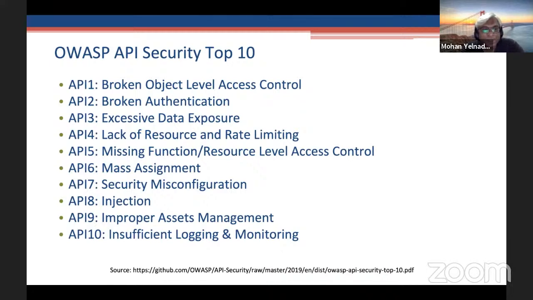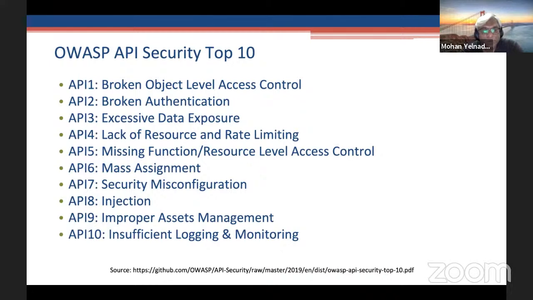If you look at the list of these top 10, you would find some of these appearing in the mobile app security as well as the web application security top 10 lists, because when you're deploying, you're working at the app layer, at layer 7 in the OSI model.